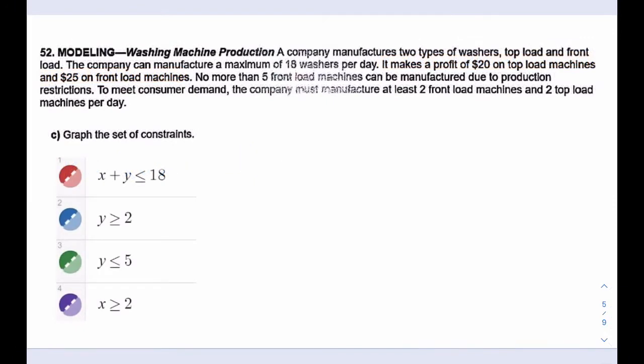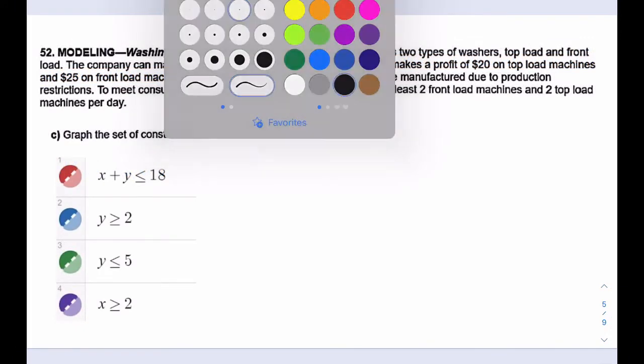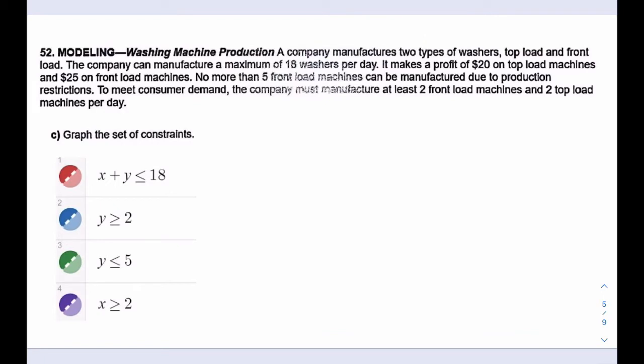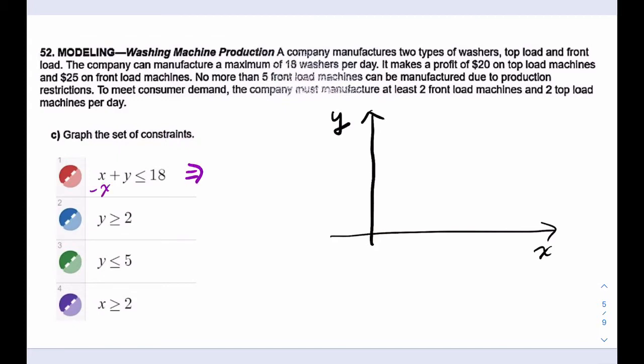Next, we're asked to graph this set of constraints. So I'll create quadrant 1 here, and we have x and y. Now, in order to graph this one, I'm going to solve for y. Then I'll have slope-intercept form. So it looks like y is less than or equal to negative x plus 18.